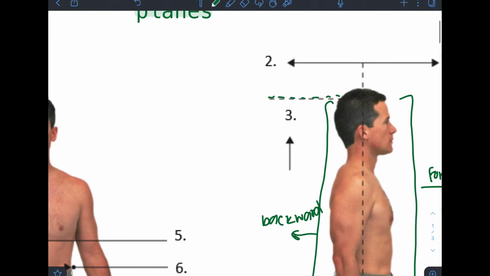And on the opposite side, we have number 2, which is pointing towards the backward side. And number 2 is going to be called the posterior or dorsal part of the body.